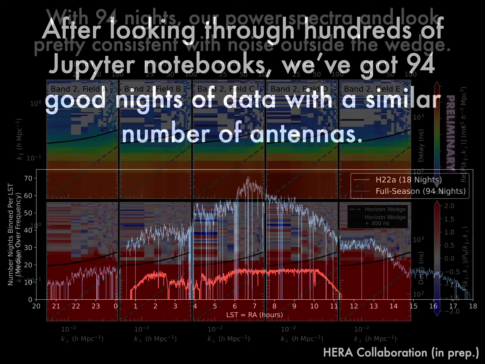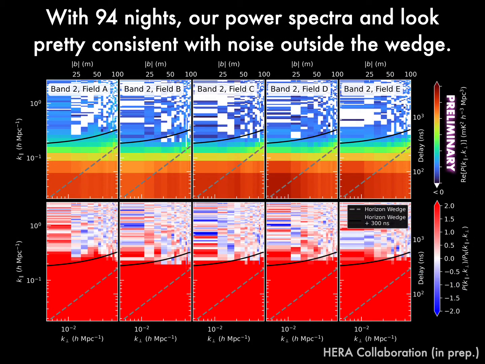With those 94 nights, we can go through the entire analysis chain and form power spectra. And again, things are looking pretty good outside of the wedge plus some buffer, which is fairly standard in the literature. I'm not at liberty to share the results quite yet, so I've blocked out the color bar, but things are looking pretty good.